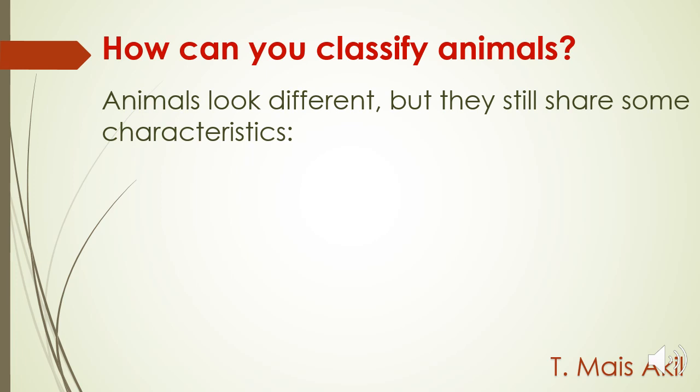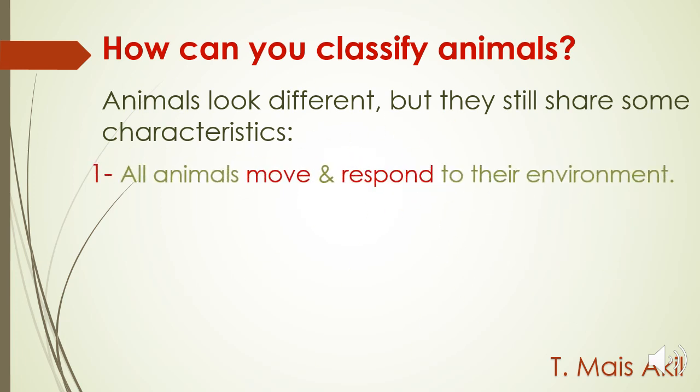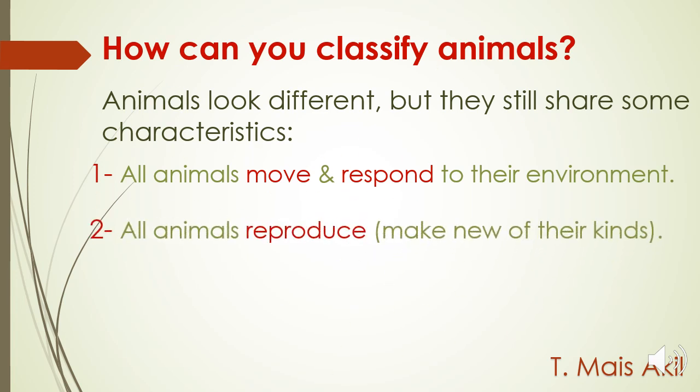Do you think that all the animals can move? Yes, sure. So all animals move and respond to their environment. It means they react in their environment. What about reproducing? Do you think that all the animals could reproduce? Yes, sure. All animals reproduce.